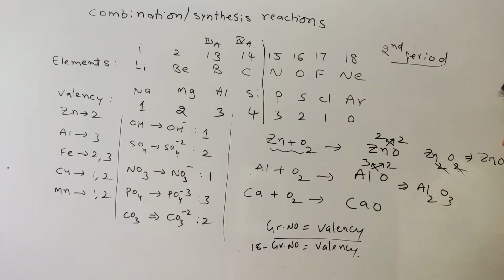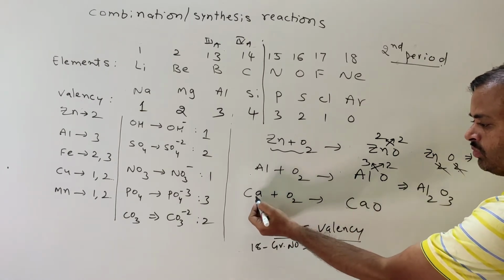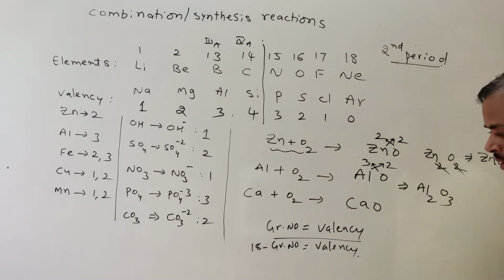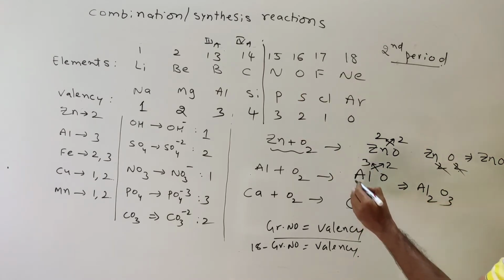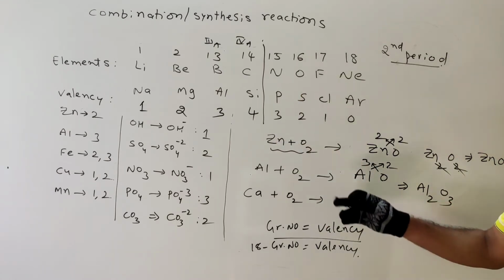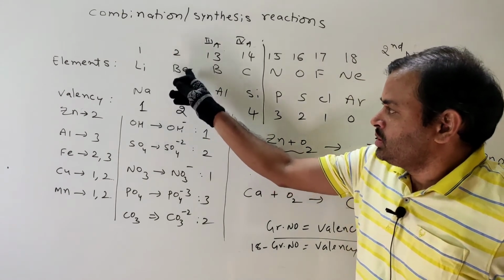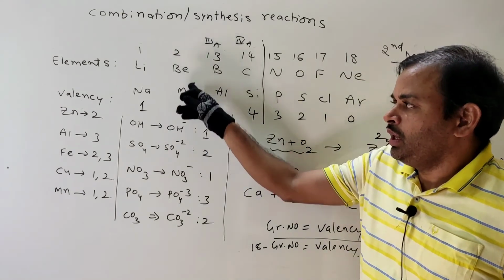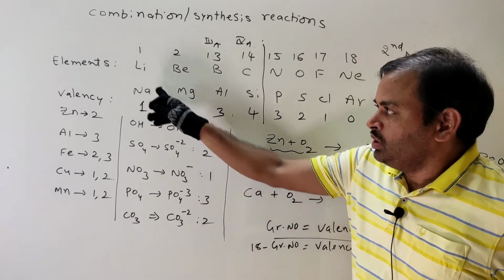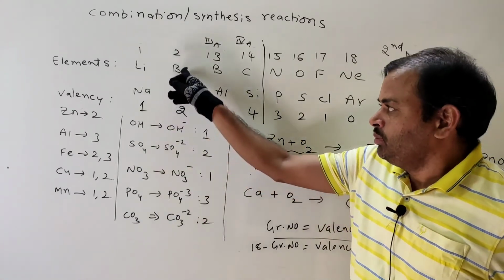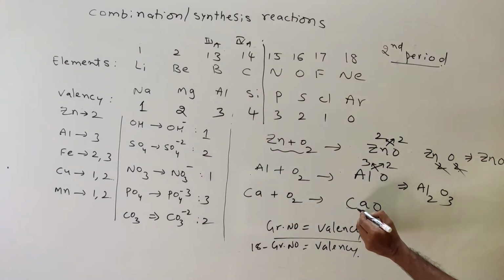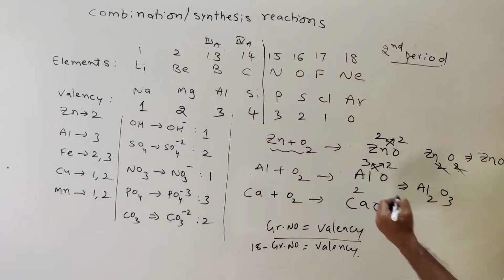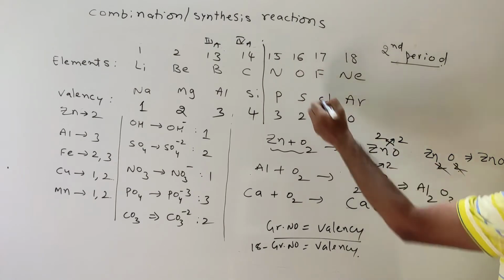Now what about calcium oxide? CaO. Which elements are there? Calcium and oxygen, that's why CaO. What is the calcium valency? Calcium belongs to the second A group, beryllium, magnesium, so its valency is 2. Oxygen valency is 2.